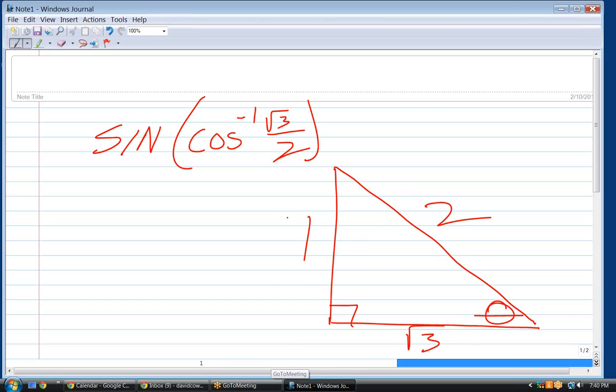Now I'm taking the sine of theta, which is 1/2. So this whole thing would be 1/2. By substituting variables instead of numbers, in other words, by calling this square root of x or even x or x plus 1, whatever, it just forces us to label that triangle differently.